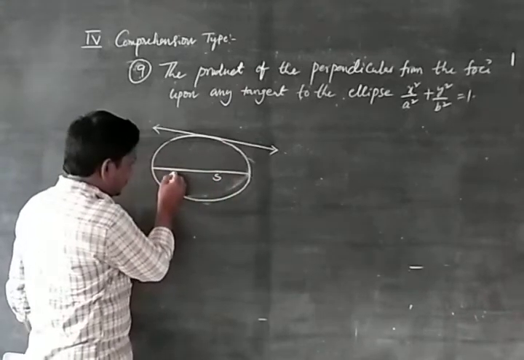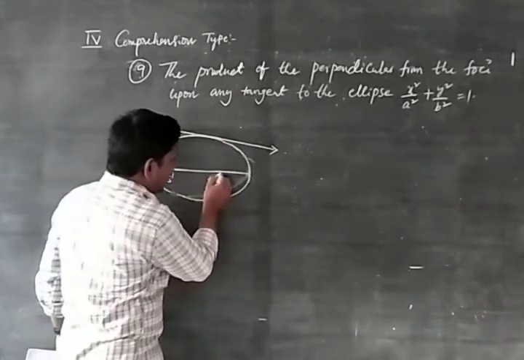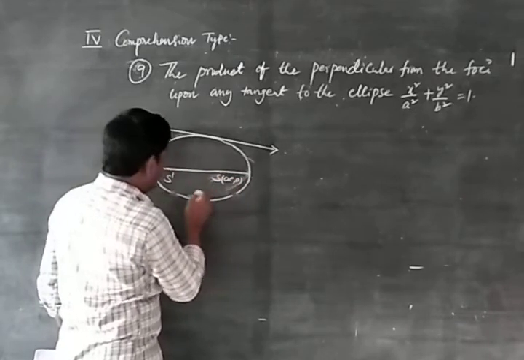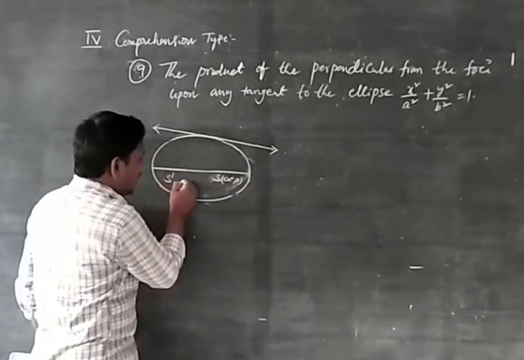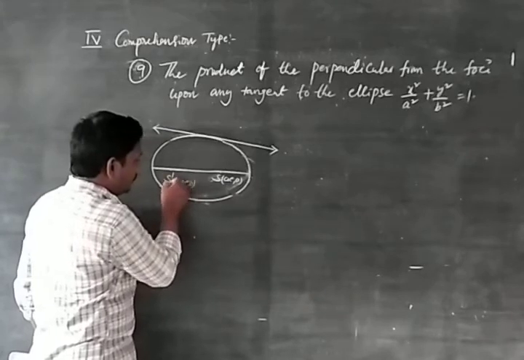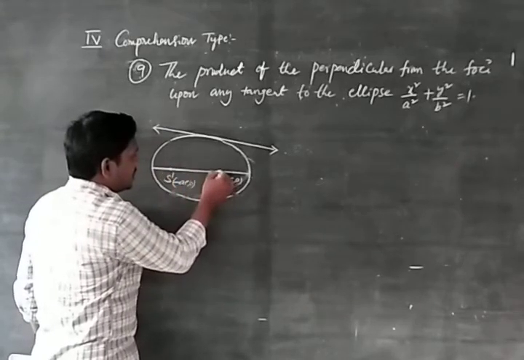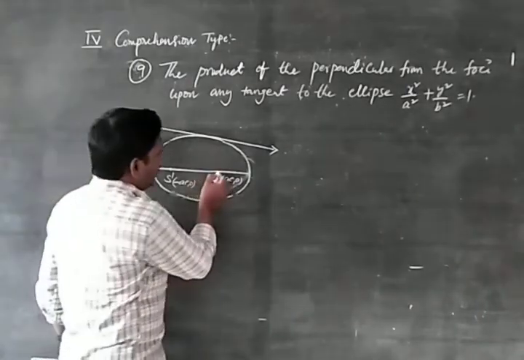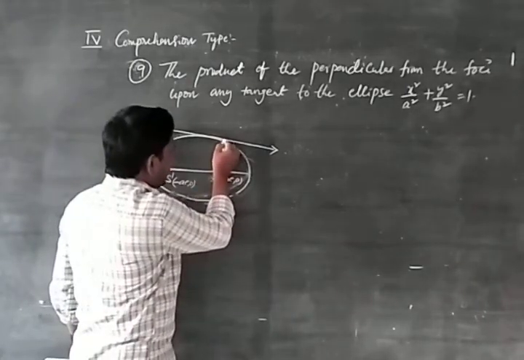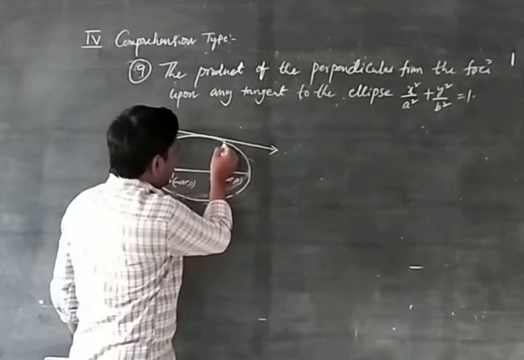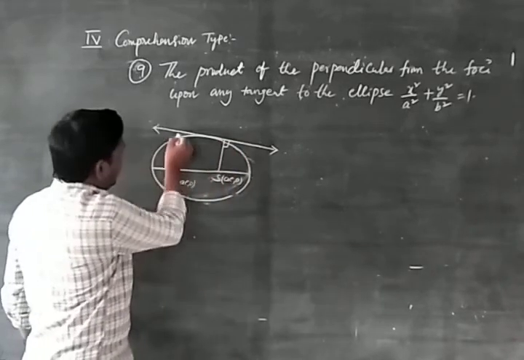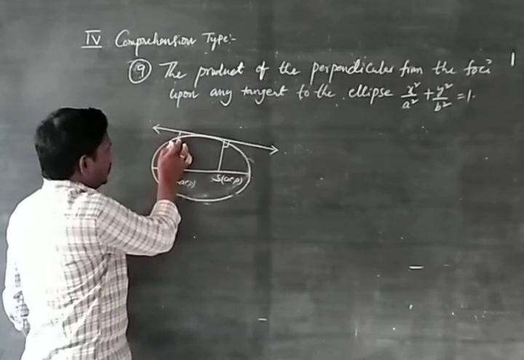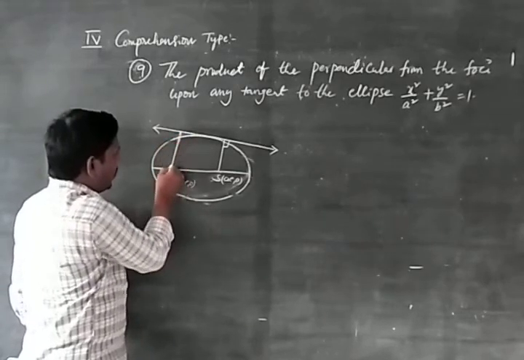And this is S dash. We know that S means A comma 0, and S dash is minus A comma 0. This is S dash, this is S. And we have to take the perpendicular lines to a tangent. This is the tangent, this is the perpendicular upon the tangent.